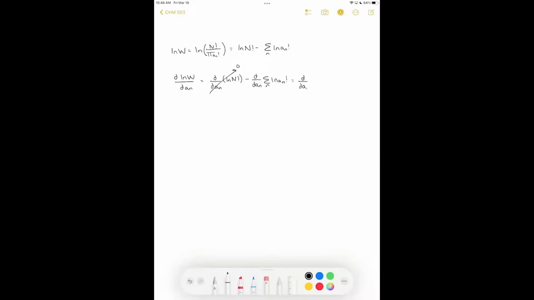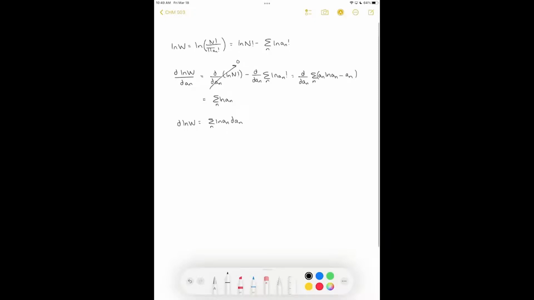We'll take the derivative now of the sum of a sub n natural log a sub n minus a sub n. And when we take this derivative, we end up having simply this sum over n of the natural log of a sub n. And so with this, we can say that the derivative of the natural log of the weight is equal to the sum over the natural log of all of our occupation numbers a sub n times d a sub n.